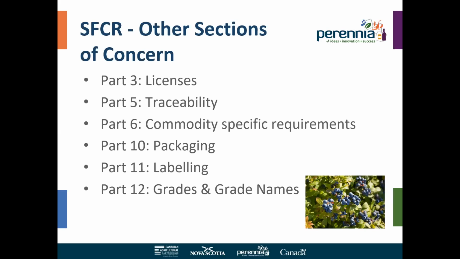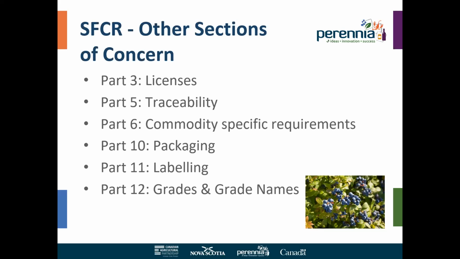Part 6 is commodity specific requirements. So in the past, we had your certain commodity regulations in acts, like the meat and the fish and the shelled eggs and dairy and fruit, processed fruit and vegetable. However, now it's all under Safe Food for Canadians, but Part 6 is where you look to find the commodity specific requirements.